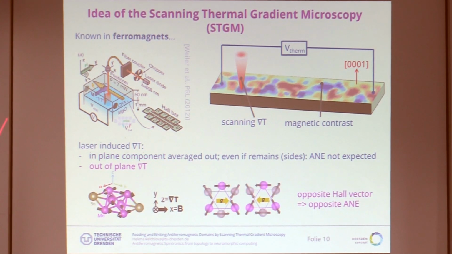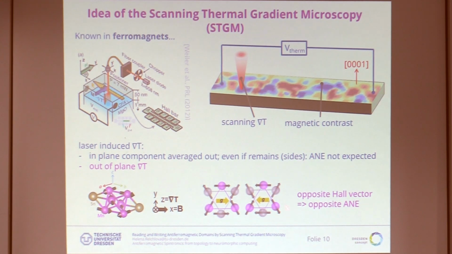But then there is the out-of-plane, which we are actually interested in, and this is the favorable scenario for having the out-of-plane gradient, and then having these two, let's say, magnetic configurations. We call it Hall vector, somebody calls it octupole vector.